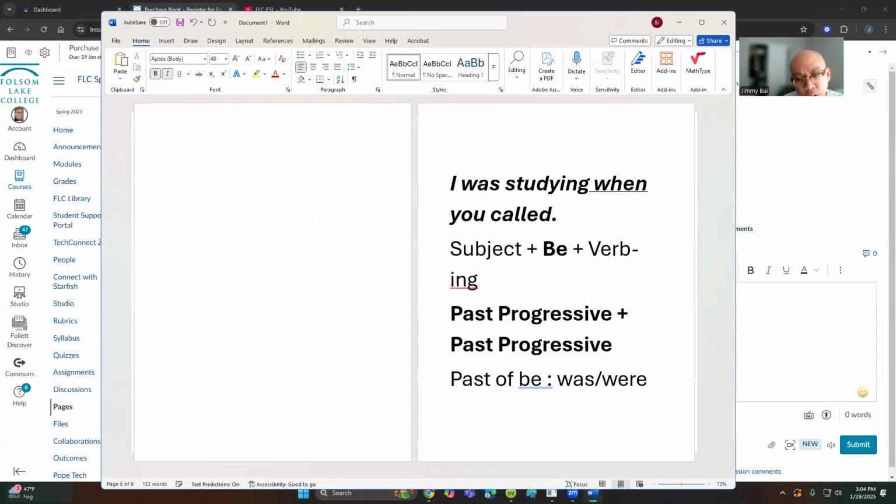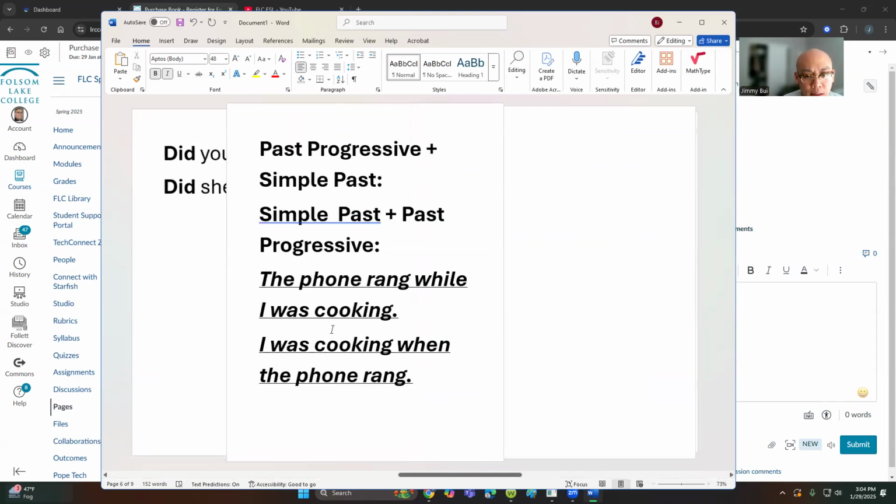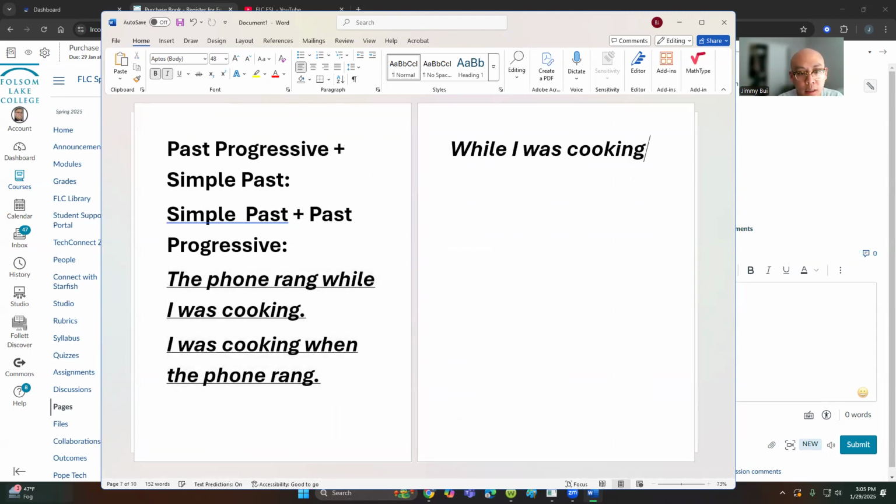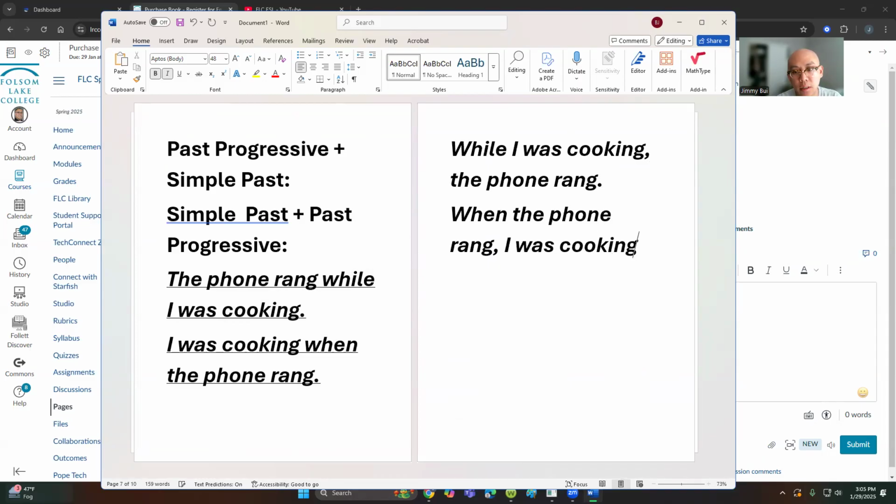And to kind of just show you, there's actually 4 ways to write the same sentence. While I was cooking, the phone rang, or when the phone rang, I was cooking. And so if I want to start with when or while, past progressive, we need to use a comma.